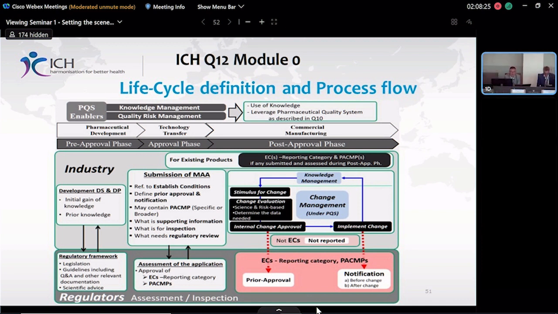Thanks for your question, Sylvia. And the answer is it depends. It depends on the risk posed by this site transfer. So if it's a standard manufacturing process, say a tableting manufacturing process, to a site which is already GMP compliant, those type of changes would be a type 1B.